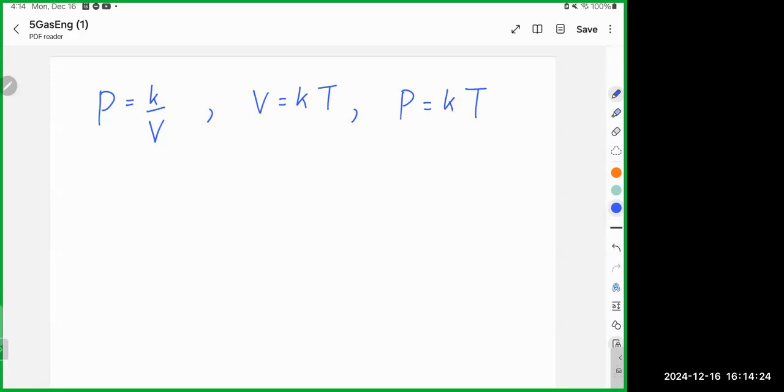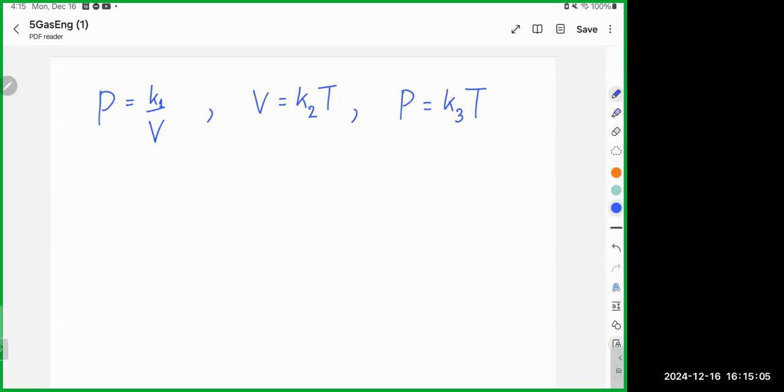I always ask students, can you see that? We have three equations. The question is, are these cases the same thing? The answer is no. K in each equation is not the same, so to play safe, I would like to call them K1, K2, and K3.